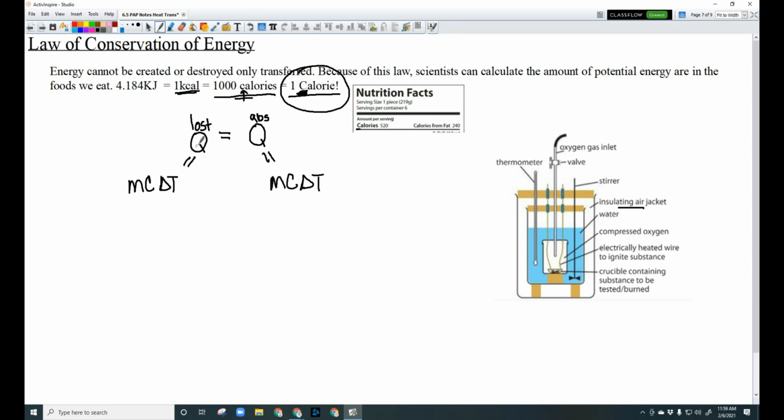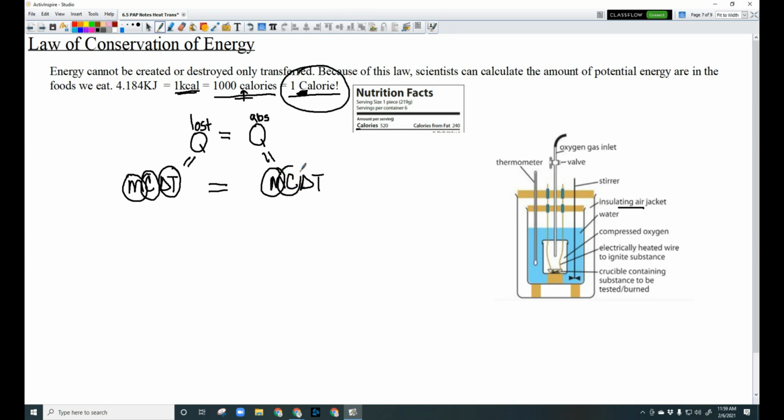If this is equal to Q and Q is equal to Q, then this mcΔT must be equal to this mcΔT. Now, here's the food. If we know the mass of the food, and we know the heat capacity of the food and the change in temperature of the food, that's the same as the amount of water that we have, the mass of the water that's surrounding this.